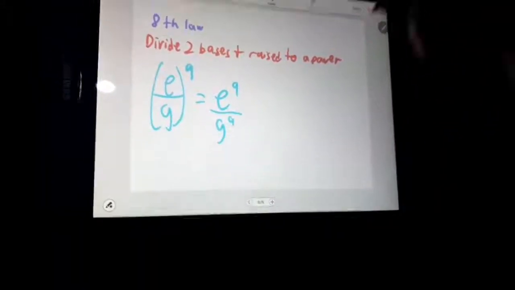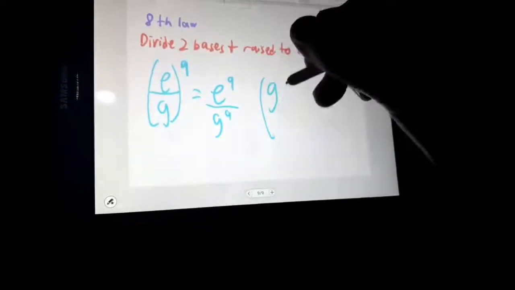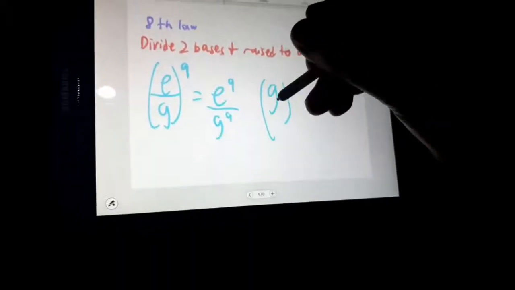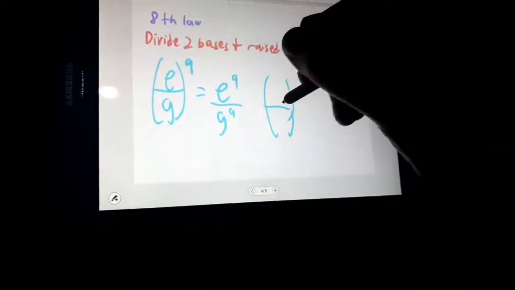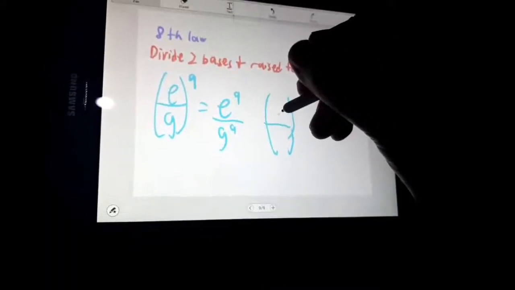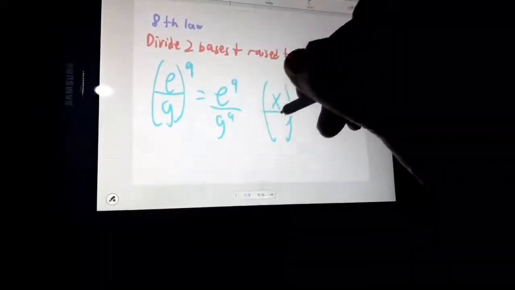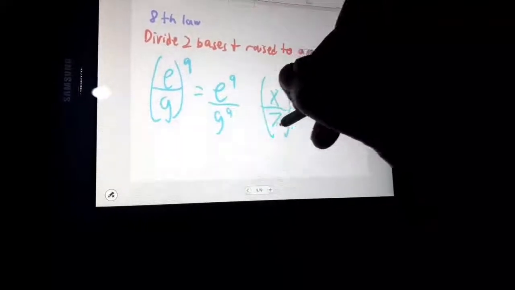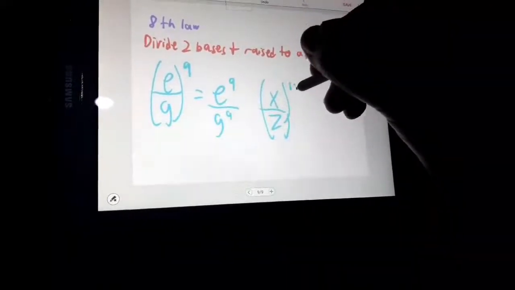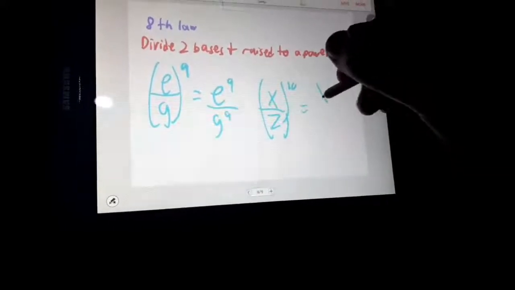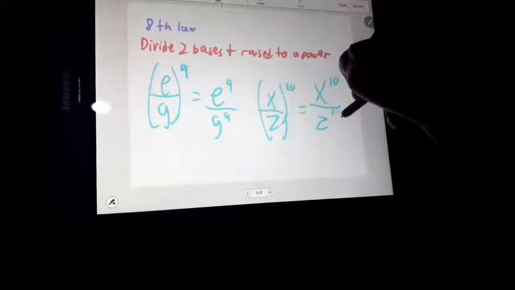And last example, hindi naman G. Gusto ko ibang letter. Wait lang. X over Z raised to 10. So, magiging x raised to 10 and z raised to 10.